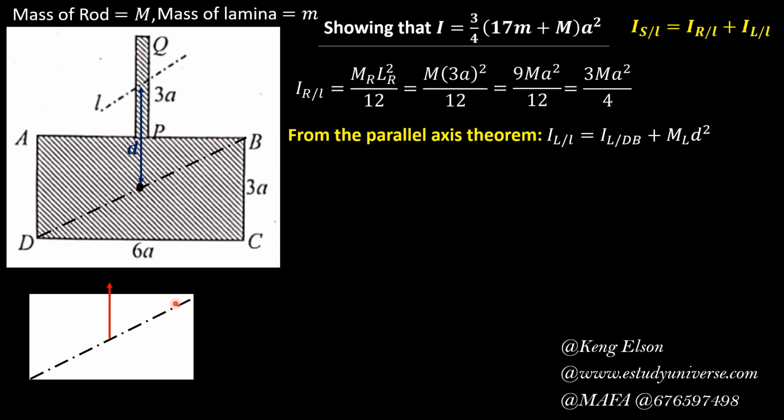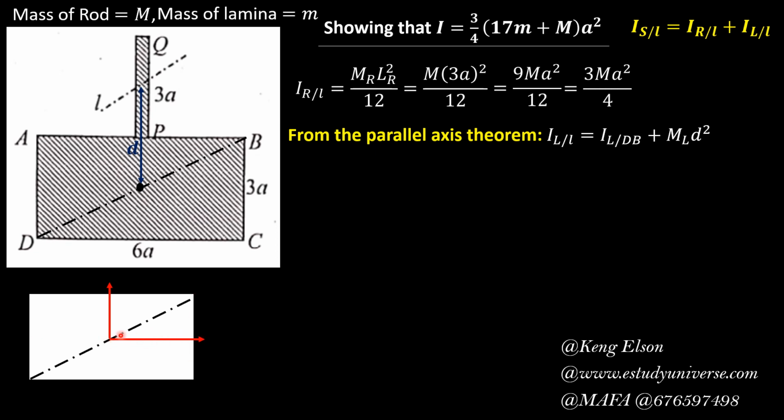We are using it because we can find the moment of inertia of this rectangular lamina about the vertical axis, that is the axis perpendicular to it and passing through the center, as well as the axis perpendicular to the width. So this vertical axis is perpendicular to the length and the horizontal axis is perpendicular to the width.